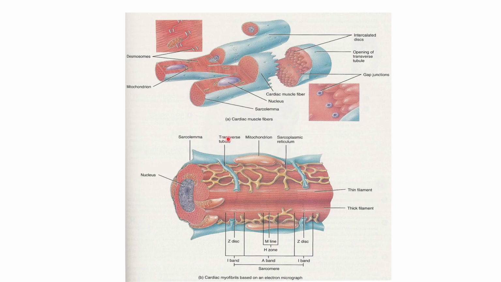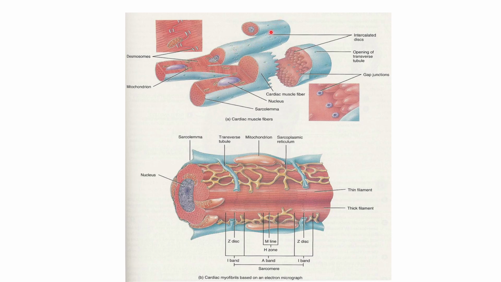So in your study of muscle tissue, you know that cardiac muscles are mononucleated. They have only one nucleus that is situated centrally within the muscle fiber, and that the muscle fibers or the muscle cells bifurcate.